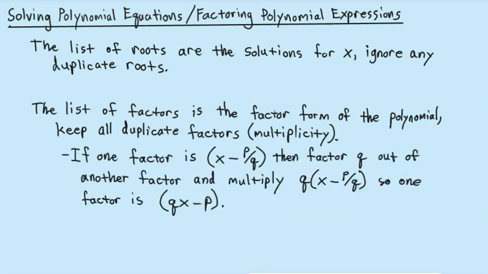Now, because some of the candidates can be fractions and take the form p over q, it's possible that one of your factors is x minus a fraction. So for example, you might have x minus 5 over 4 as one of your factors. Well, you're not going to keep that. You have to change it, okay?